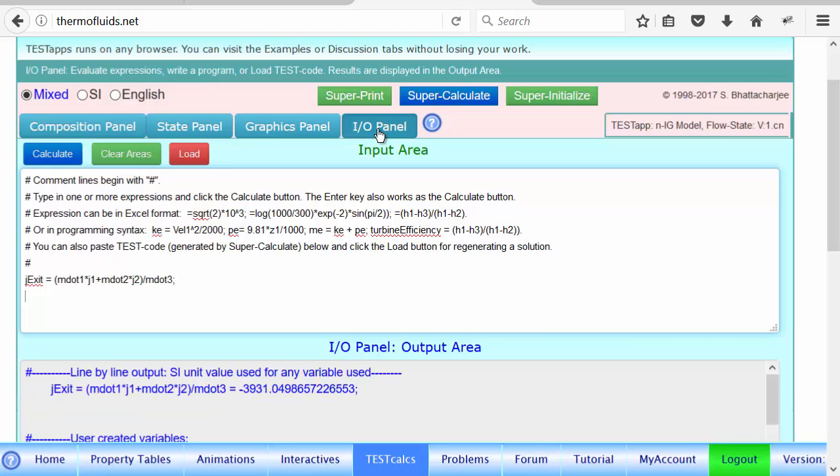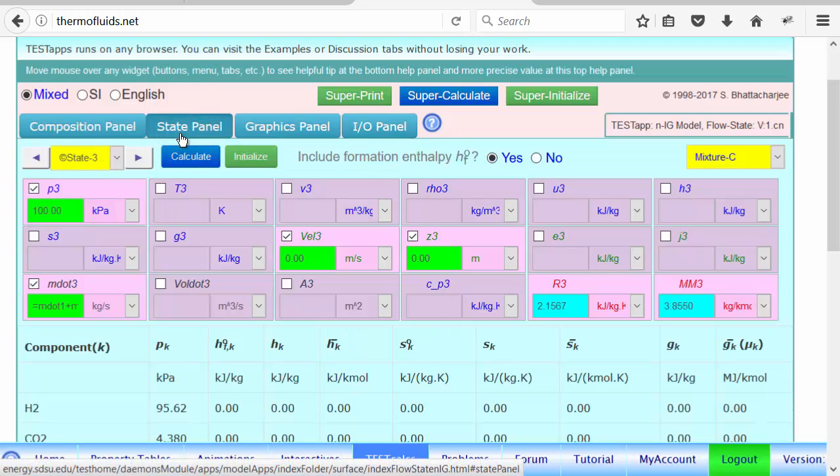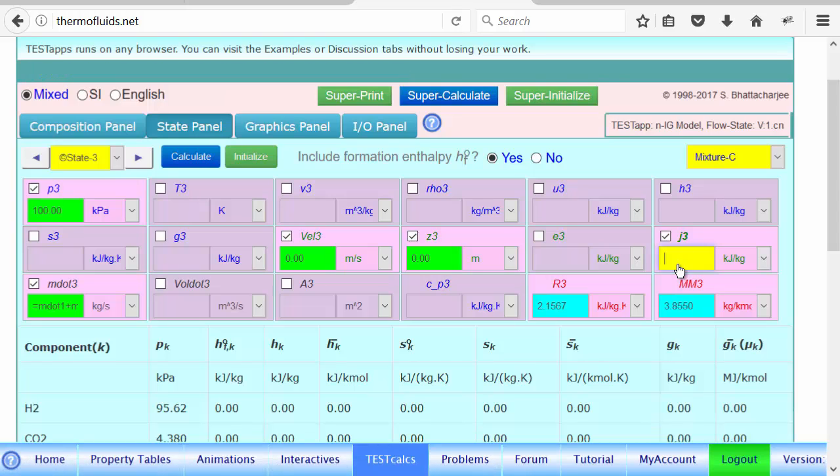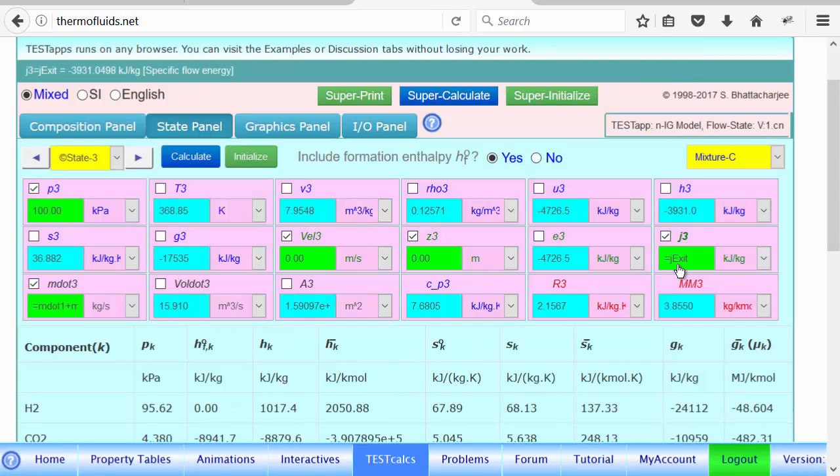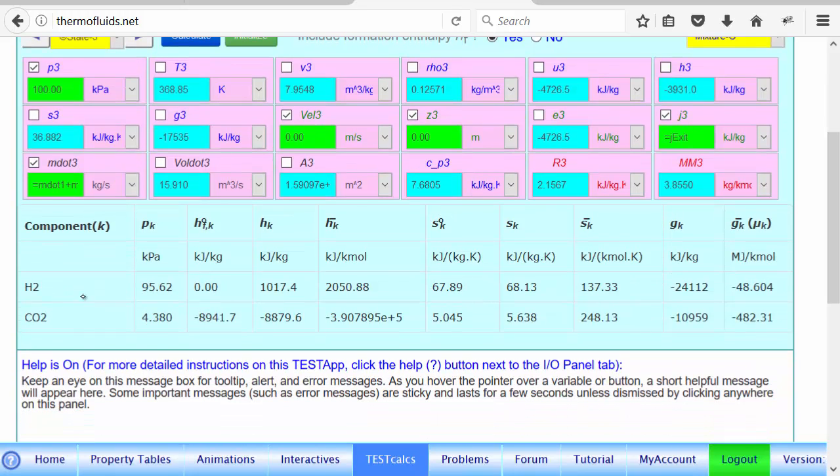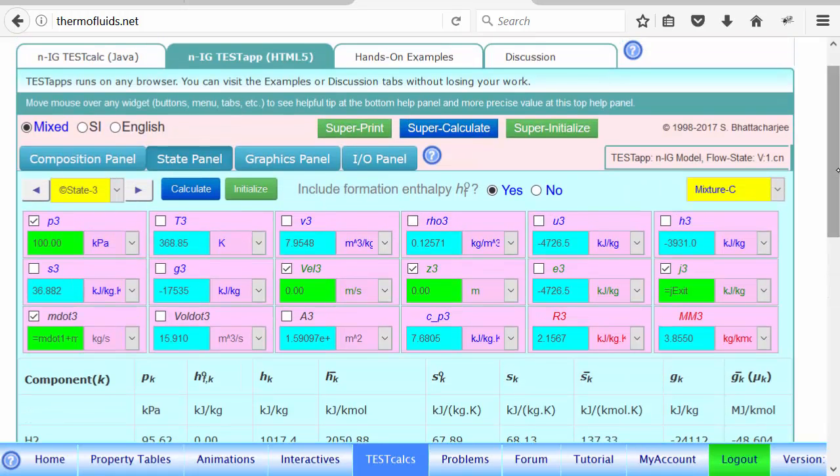So this is exactly the same J that we found with the binary mixture model. So we can set up here that the exit flow energy equals J at exit, and that computes the entire state. Notice that it also calculates the partial property of hydrogen and partial property of CO2. So the NIG or the NPG model is much more versatile.